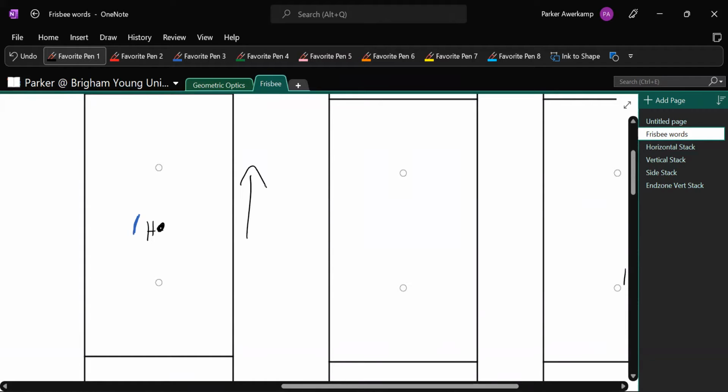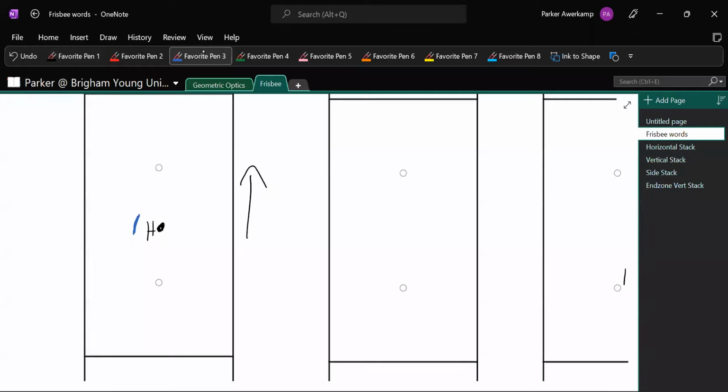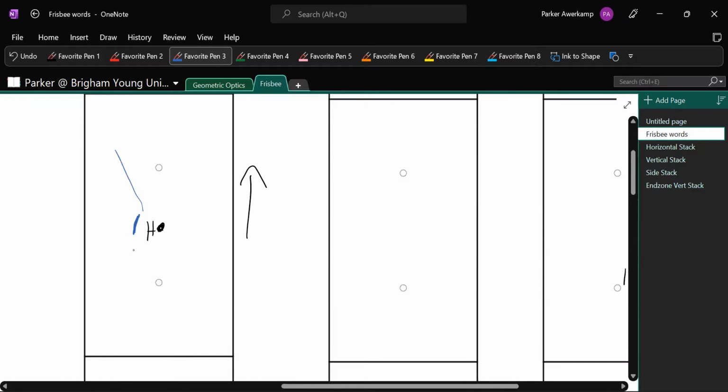So in this case, the disc going in this direction, this would be a force flick, because the handler will have to throw with a flick throw. And so the goal is that this mark is preventing throws to this area and only allowing throws to come up to this side of the field.